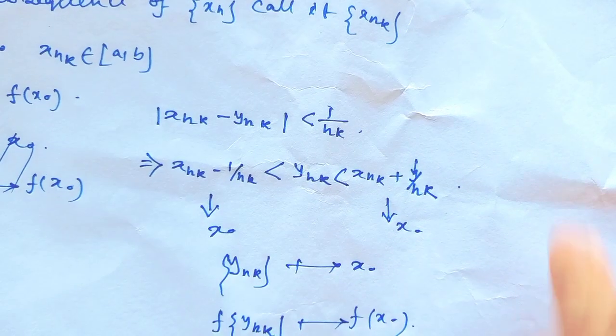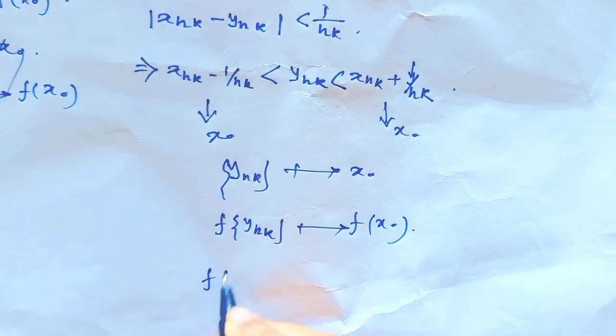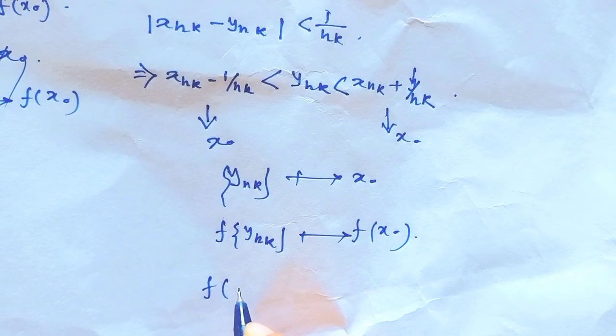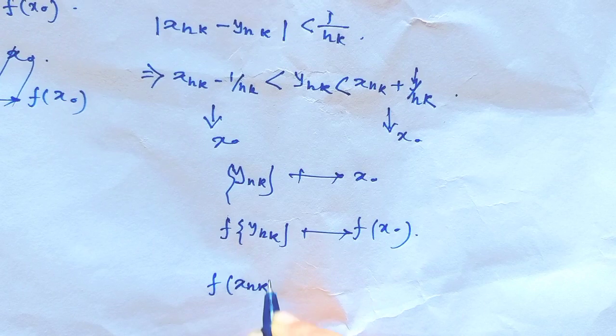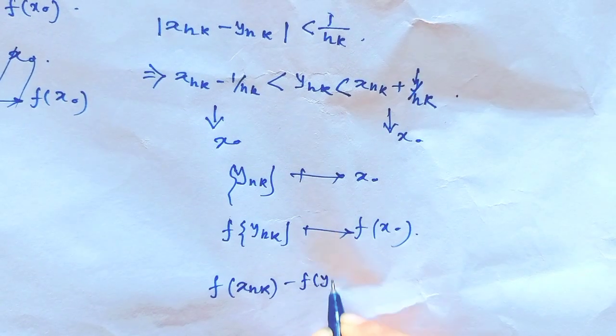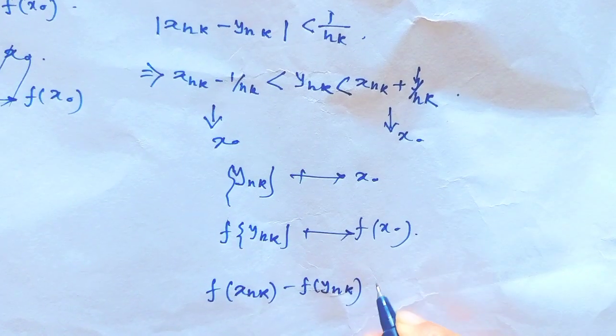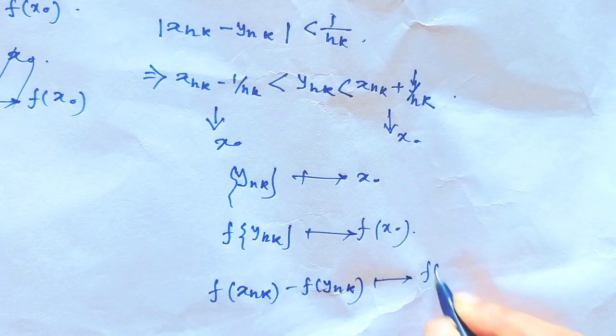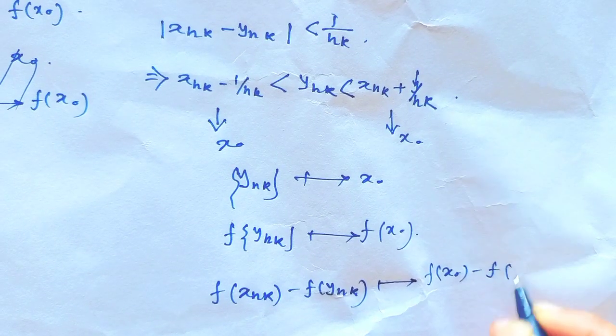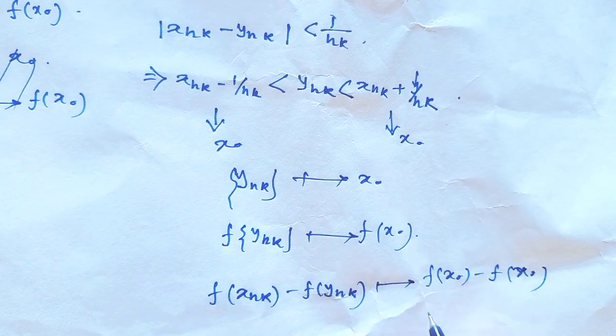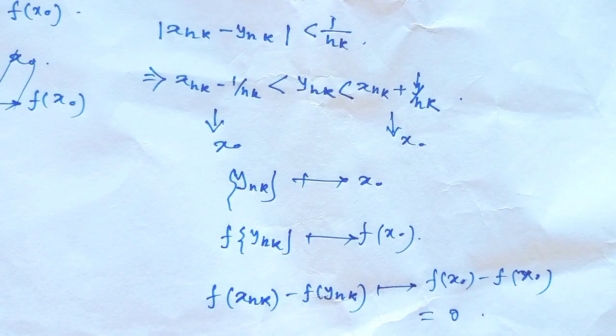Therefore, f of xnk minus f of ynk goes to f of x0 minus f of x0, and this value is equal to 0.